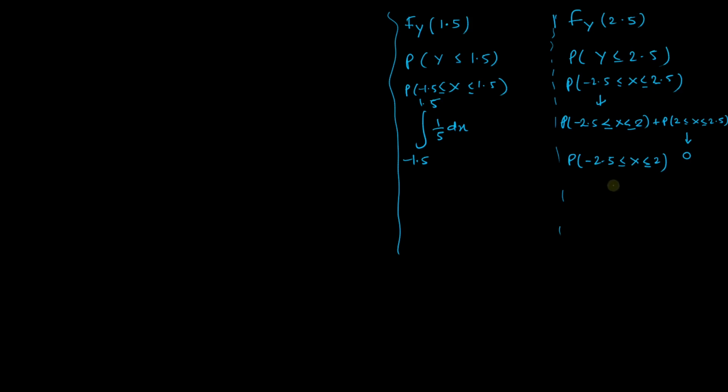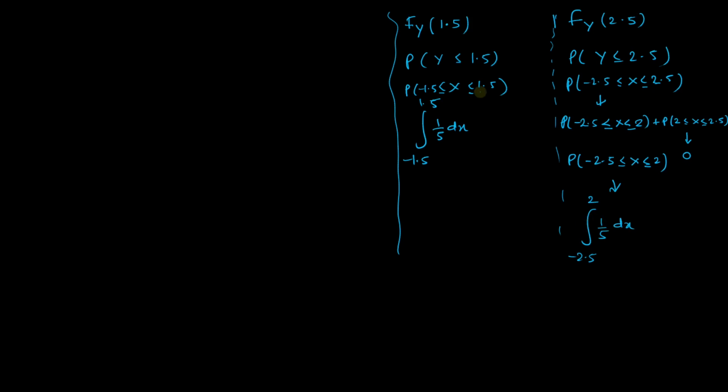And how do we write this probability in terms of integration? We can write it as this: integrate the PDF of x from minus 2.5 to 2. So integrate it from the lower range. What is the lower range? It will be minus of that value, up to 2.